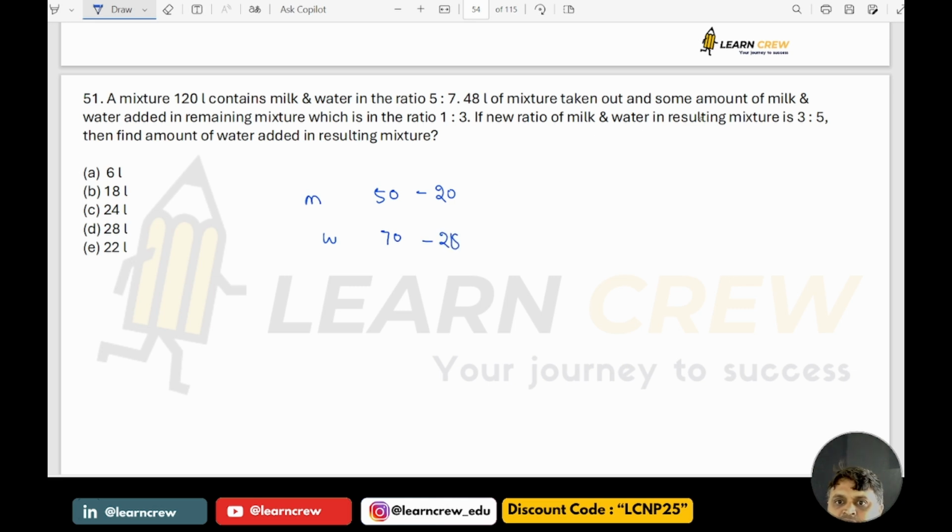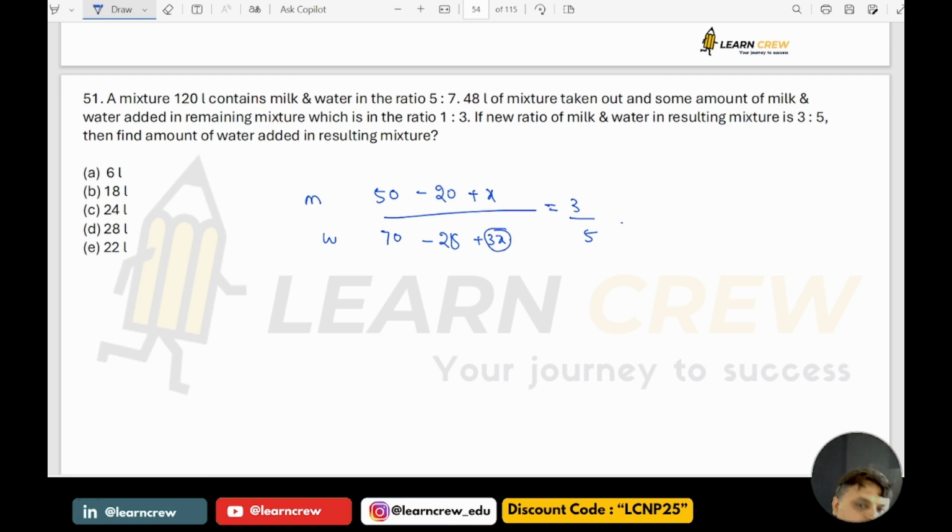And some amount of milk and water are added to the remaining mixture, which are in the ratio 1:3. If it is x, it is 3x. If the new ratio of milk to water is 3:5, then find the amount of water added in the resulting mixture.